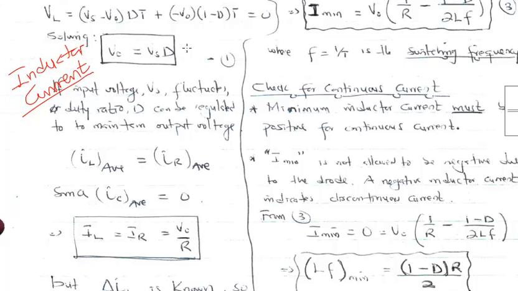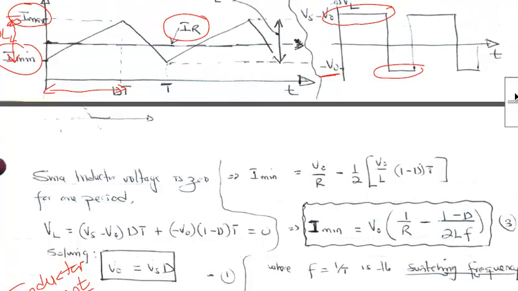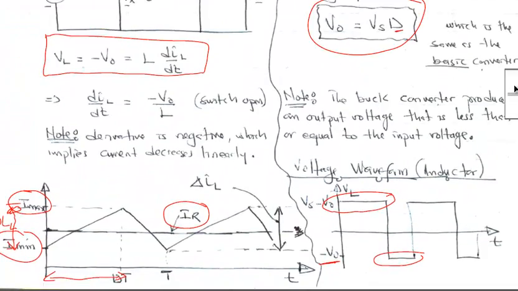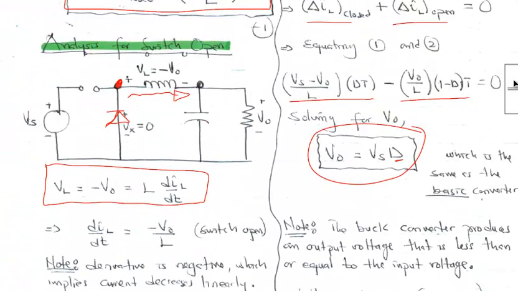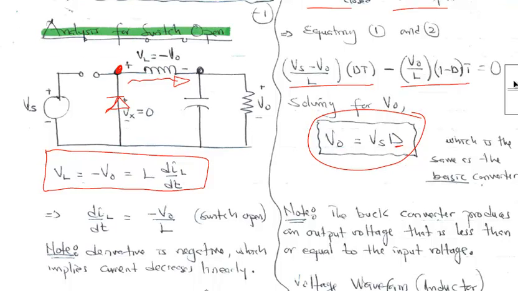Let me go back to the circuit very briefly, and then I'm going to explain how we got that. So if we go back to the buck converter, and any of them should work, because we are going to focus on the node over here. When you look at the node over here, we have IL, the inductor current, coming in and splitting into two.